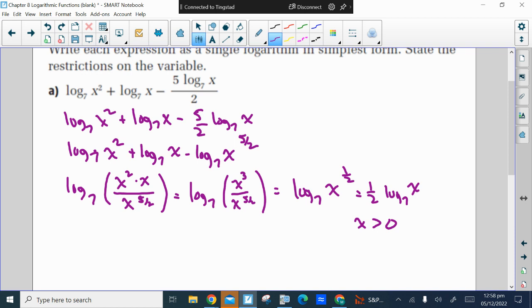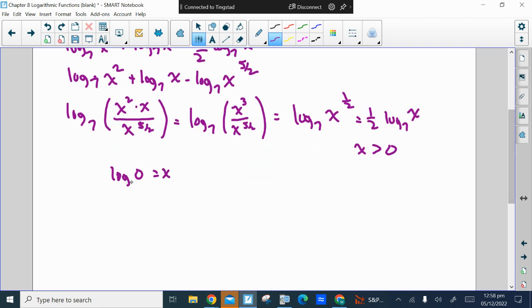You also can't take the log of 0, right? And the reason for that, if you have log of 0 and you want to know what that equals, this is a common log, base 10. This is saying 10 to the power x equals 0. 10 to what power equals 0? Well, there is no answer. Even if x is negative, 10 to the negative 2 is 1 over 10 squared, or 1 over 100.